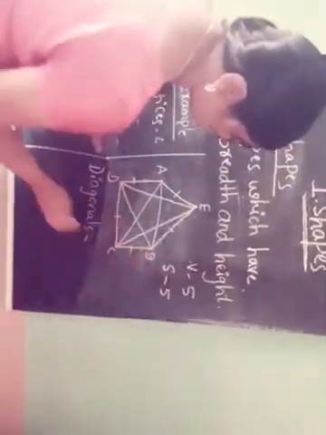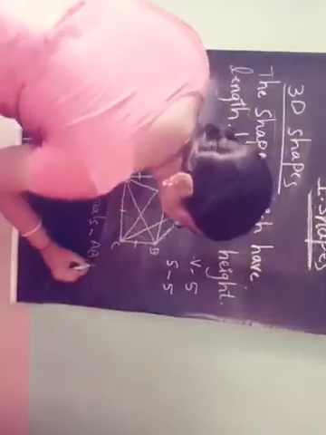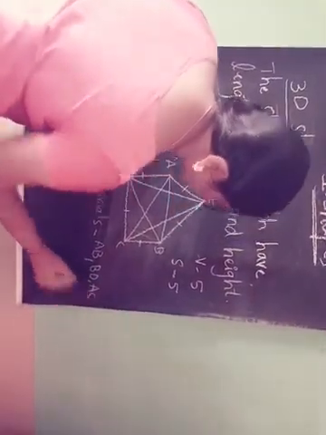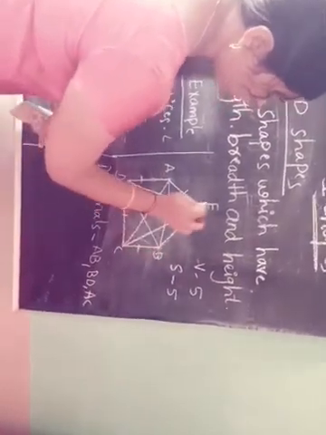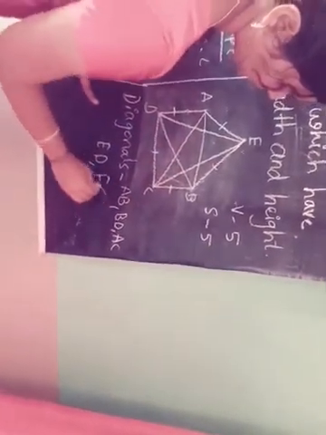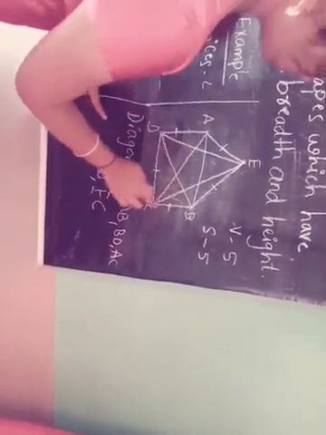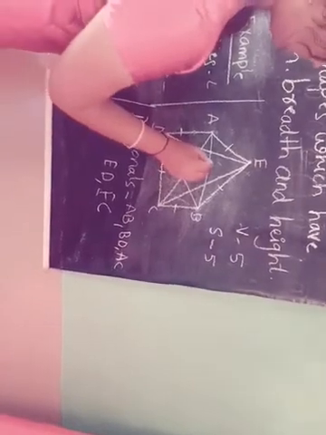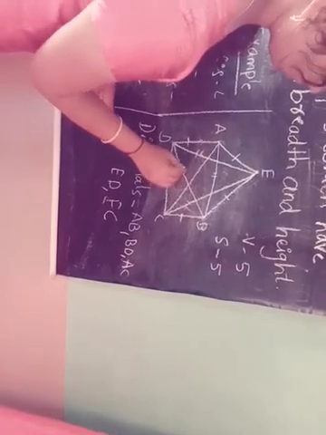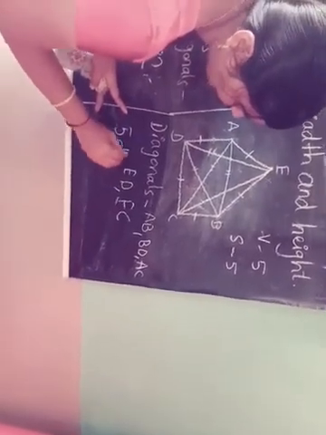Diagonals AB, then BD, then AC, then from E to D, ED, EC. How many diagonals? 1, 2, 3, 4, 5. 5 diagonals.